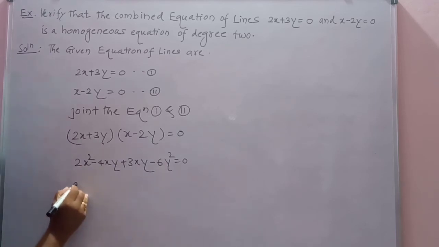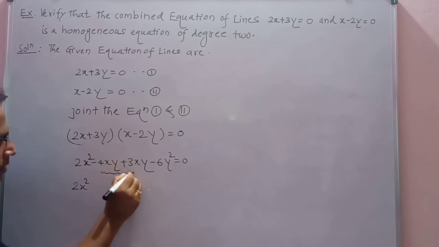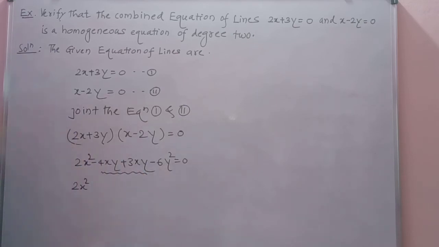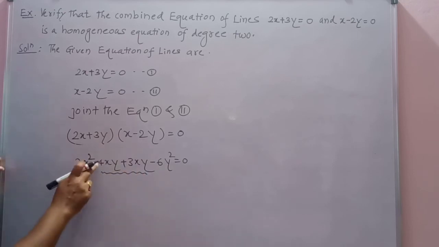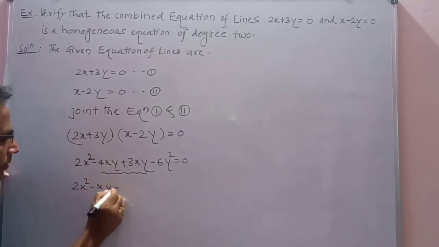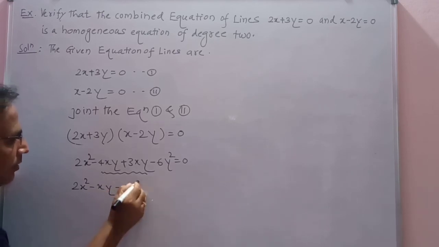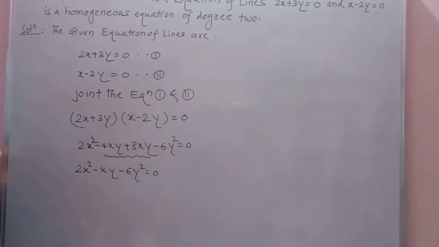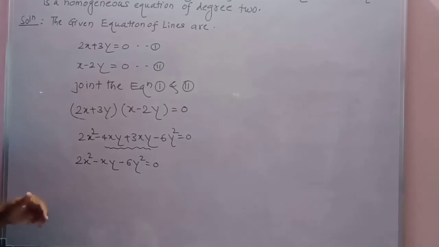Therefore 2x square minus 4xy plus 3xy, this addition is minus xy, minus 6y square equal to 0. This is the homogeneous second degree equation.